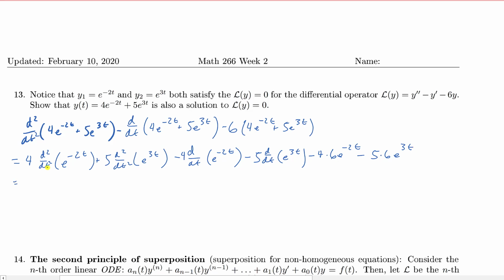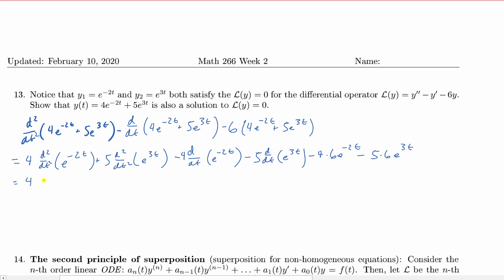Now what have I got? Well, I've sort of got a mess here, but let's go ahead and group together all of the e to the minus 2t terms. Notice that all of the e to the minus 2t terms that show up here, either taking the derivative or on their own, have a factor of 4. So I'm going to pull that factor of 4 out.